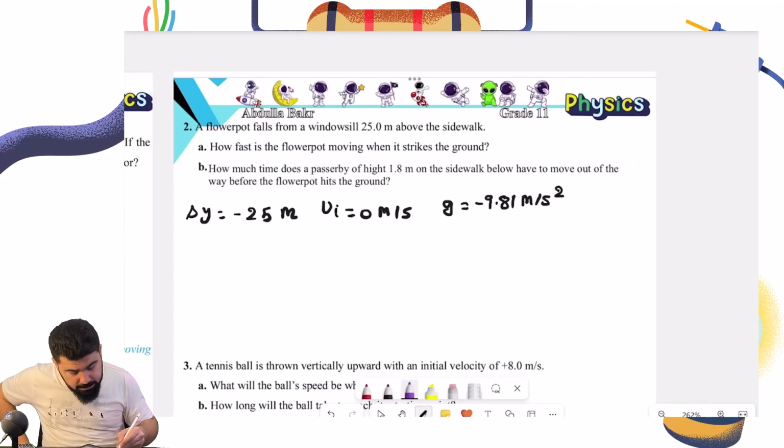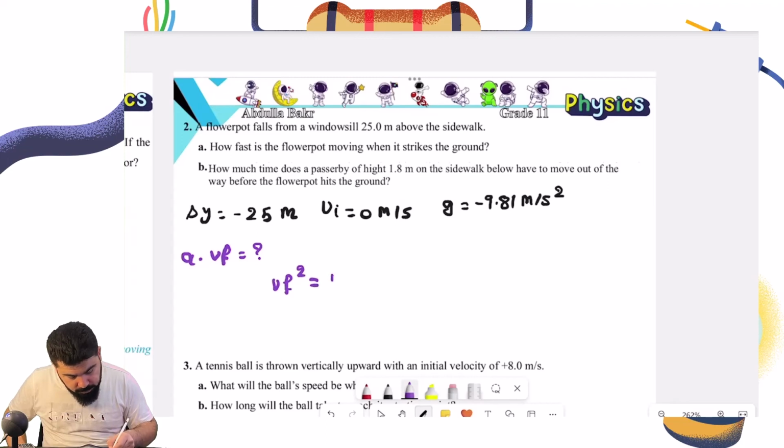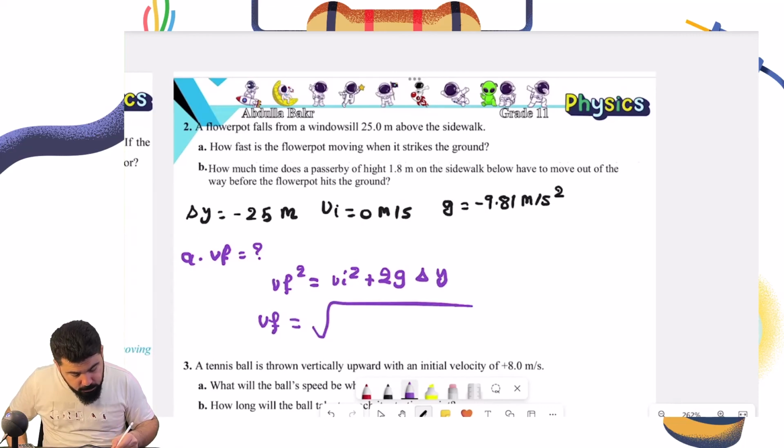Part A, it says how fast is the flower pot moving when it strikes the ground? So V final is equal to what? V final squared is equal to V initial squared plus 2g delta y. Take the square root: V final is equal to the square root of 0 squared plus 2 times negative 9.81 times negative 25.